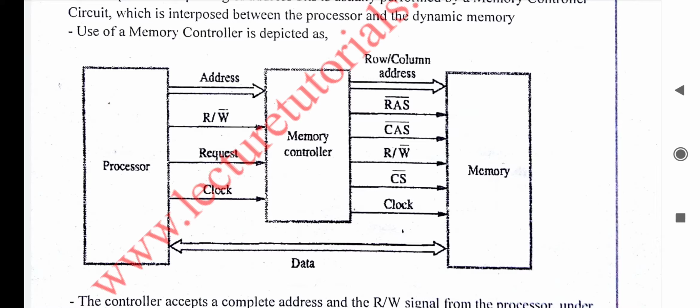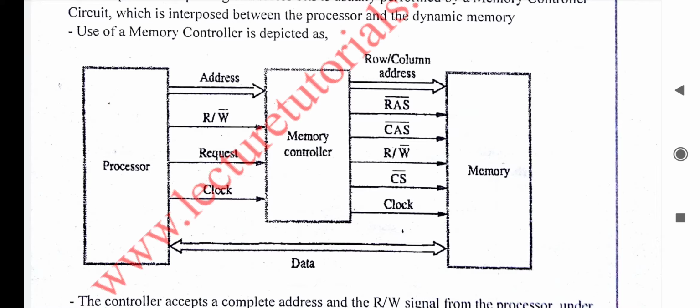At the bottom of the diagram is the data bus. It is a two-way bus, which makes it possible to share information from the memory to the processor as well as from the processor to the memory.